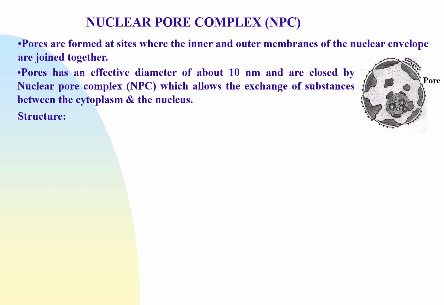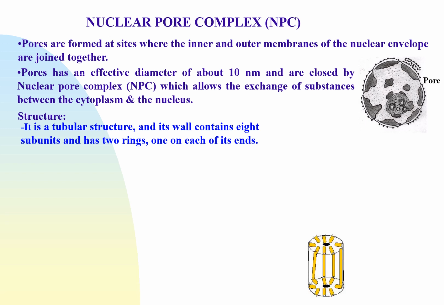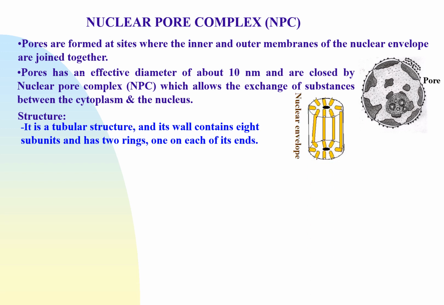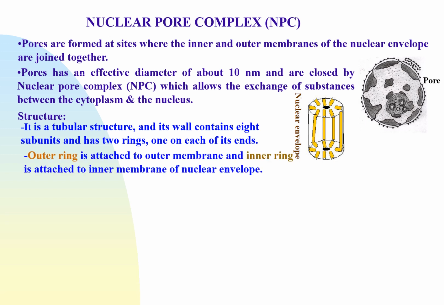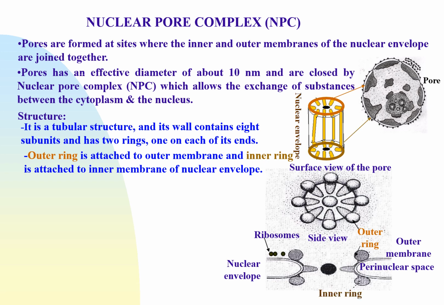Structure. It is a tubular structure and its wall contains 8 subunits and has 2 rings, one on each of its ends. Outer ring is attached to outer membrane and inner ring is attached to the inner membrane of the nuclear envelope. 8 radial spokes extend inwards from the subunits towards a central granule or plug.